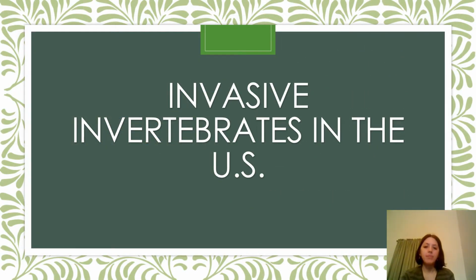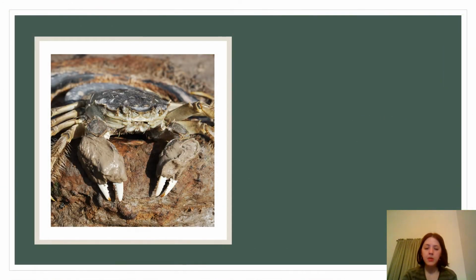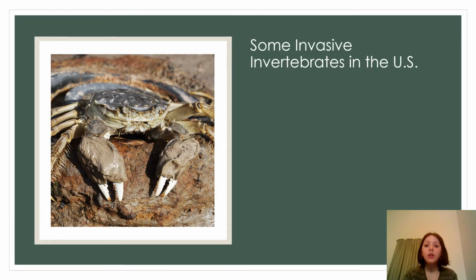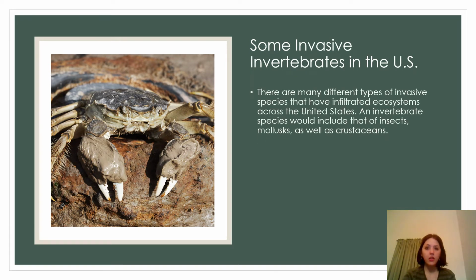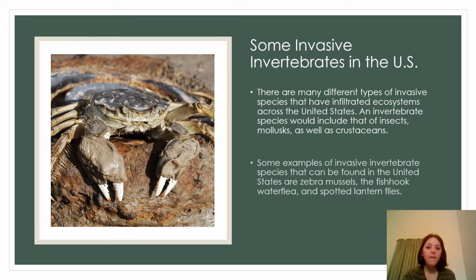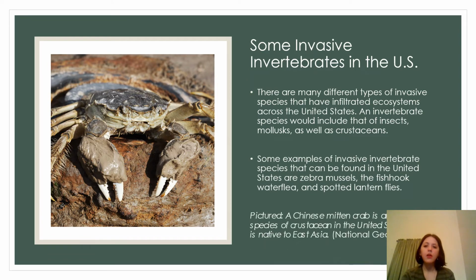So next is invasive invertebrates in the United States. Some invasive invertebrates in the United States, these are just some examples. Okay, so there are many different types of invasive species that have infiltrated ecosystems across the United States.